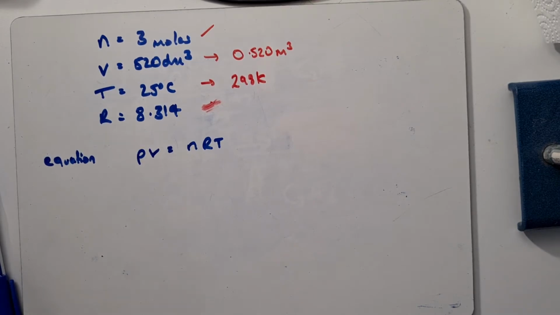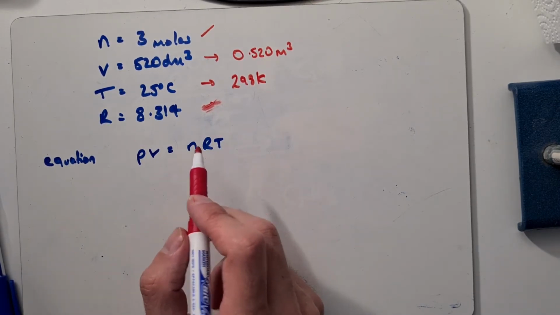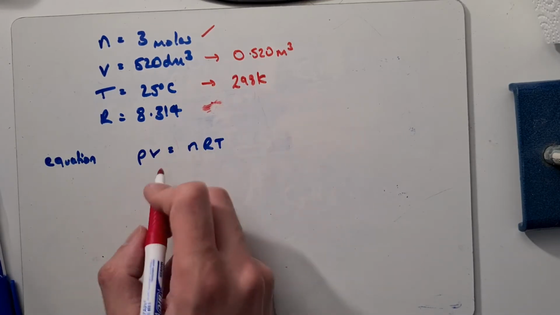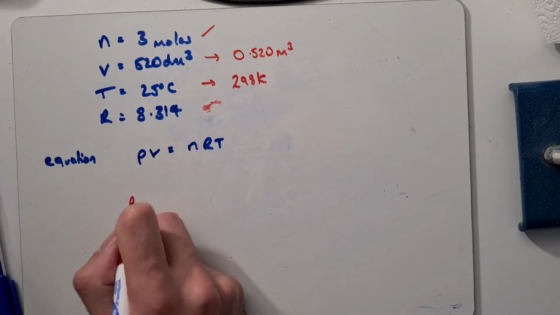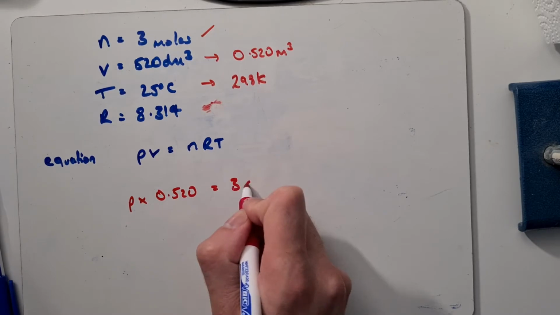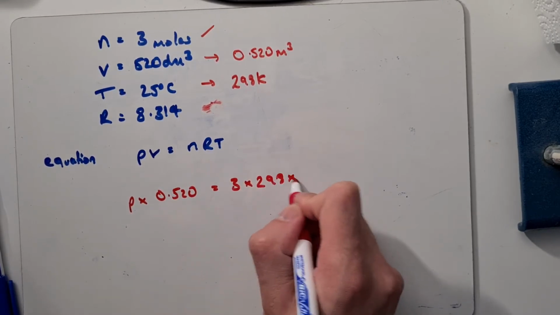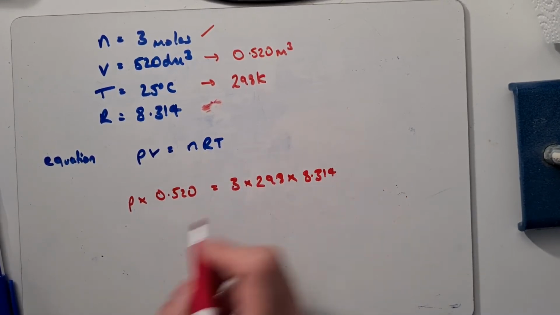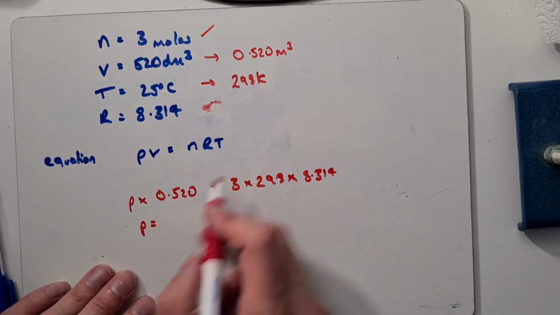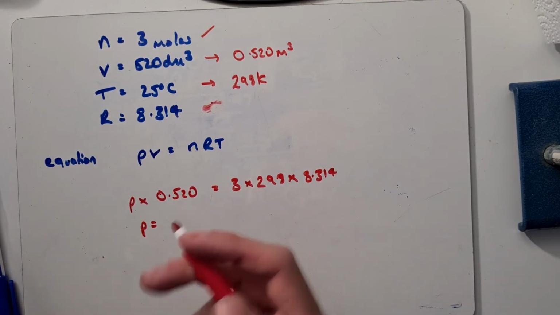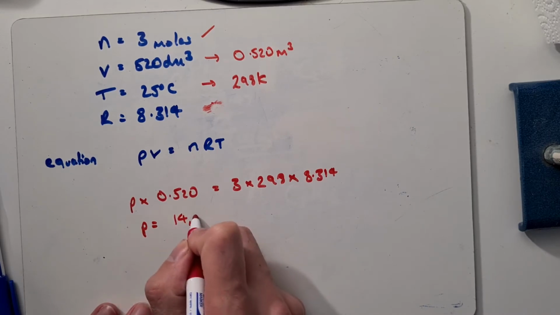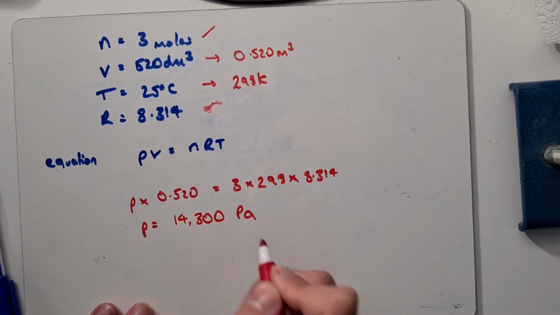So if we rearrange this, I'll put my values in: pressure times 0.520 equals 3 times 298 times 8.314. Rearranging that, if I divide this side by 0.52 and times it all out, I'm going to get 14,300 pascals.